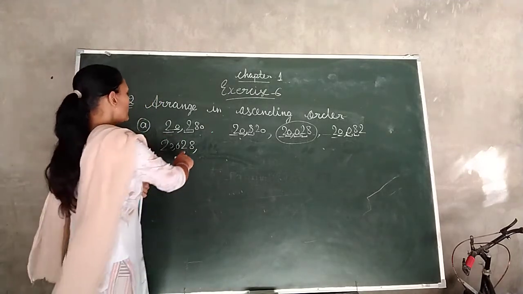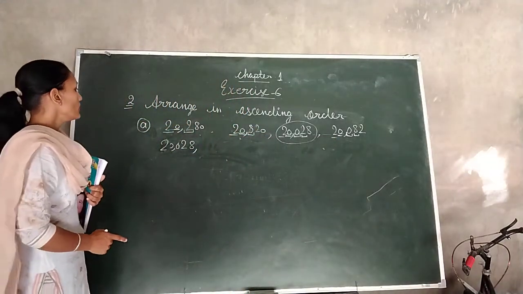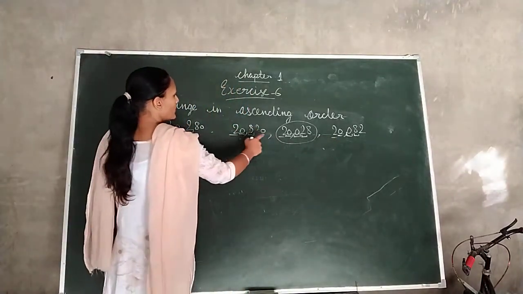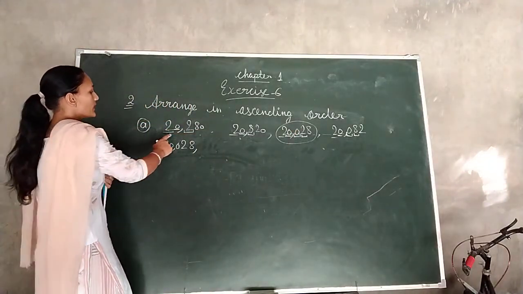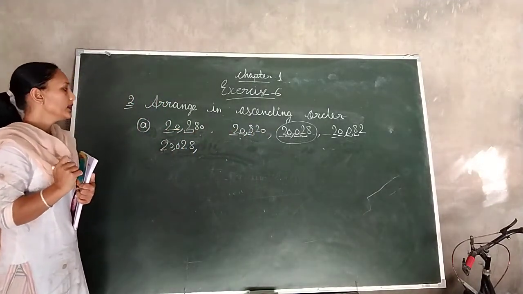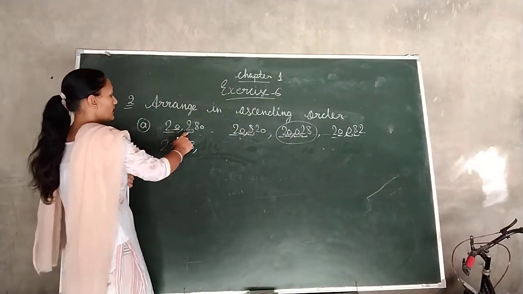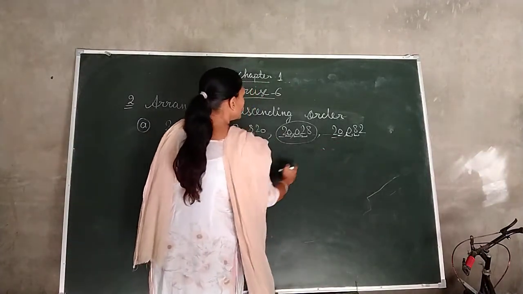Next we will find the smallest number among these numbers. So first of all we will compare the number in 10,000 place, all are same. Next we will compare the digits in 1000 place, all are same. Next we will compare the digits in 100 place. Here we have 2, here we have 8 and here we have 0.